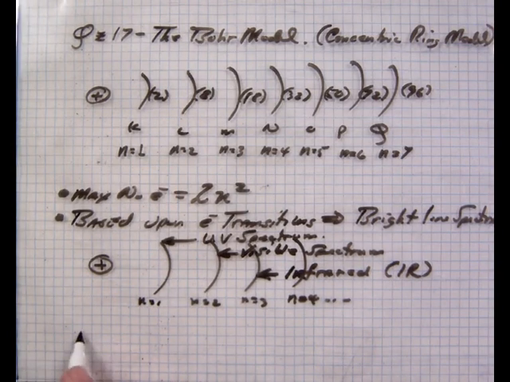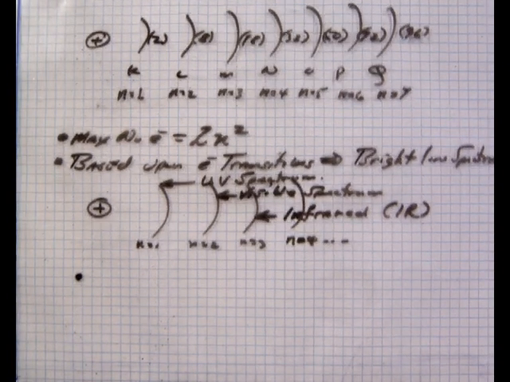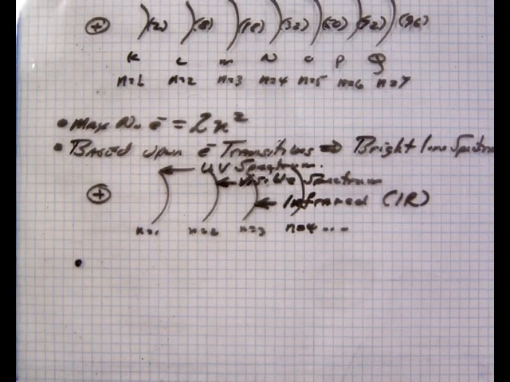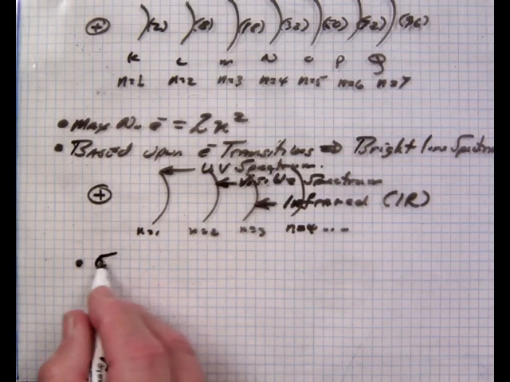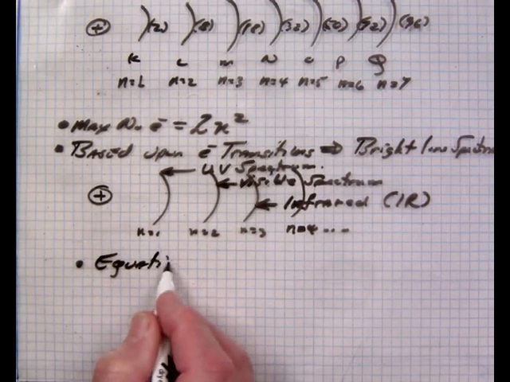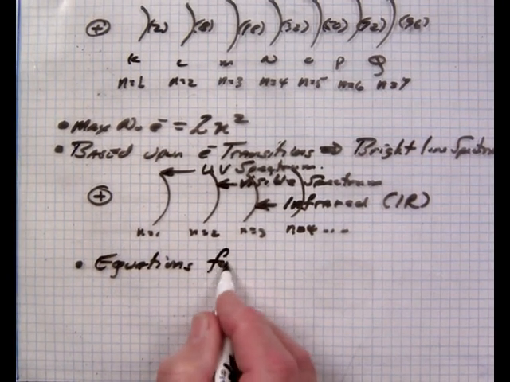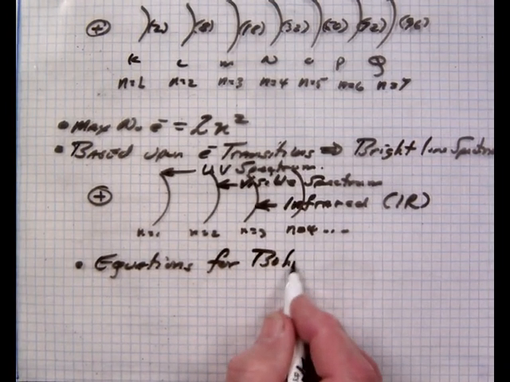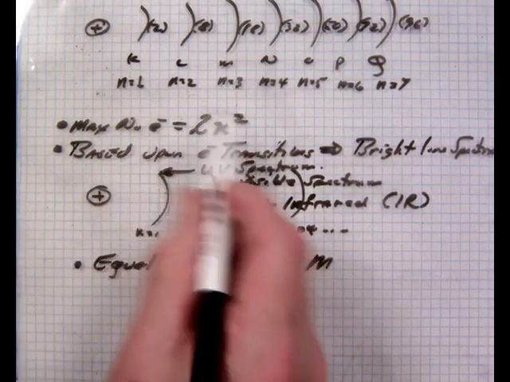The analysis had 5 equations that I gave you, and you will have one of each. There's 3 of them right there: equations for the Bohr model. Actually, you have 6 if you throw in the 2n squared.